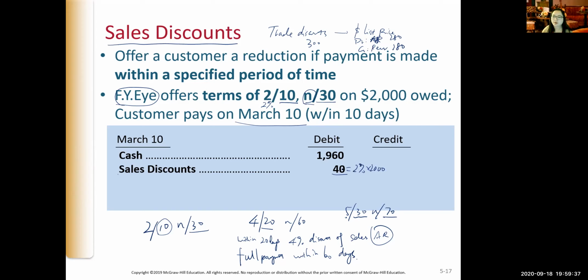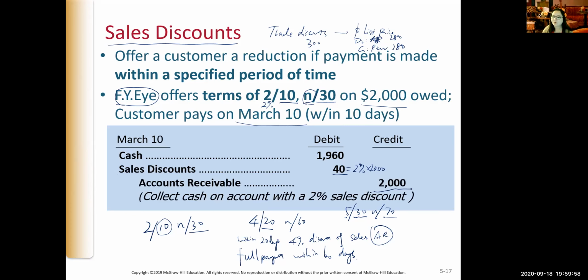In other words, the customer paid you within 10 days, and you promised that if they pay within 10 days, you give them a 2% discount on the amount they owe. That means the customer only needs to pay you $1,960 to pay off the amount they owe.